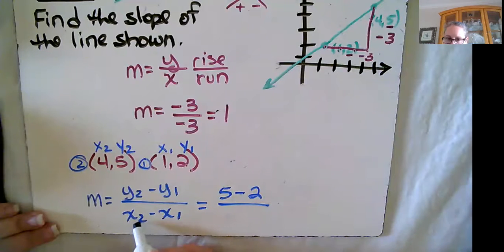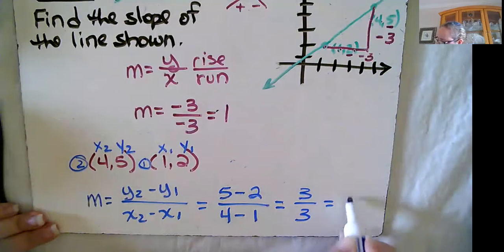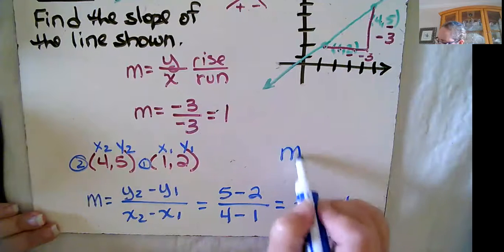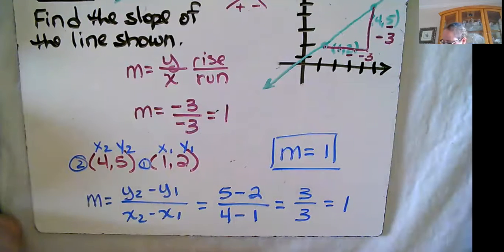Then we're going to plug in x2. x2 is 4 minus, because of the formula, x1. And then we simplify. 5 minus 2 is 3. 4 minus 1 is 3, which comes out to be 1. Same as here. So the slope of this line is equal to 1. That's the first one. We're going to do one more.